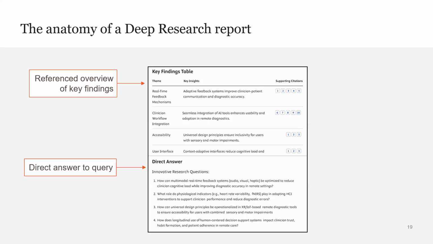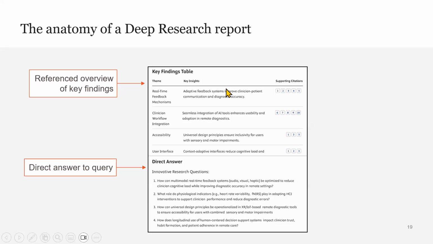What you can expect to find in the deep research report is that it will start off with an overview of the key findings, like an executive summary almost. So what exactly are the themes that we're looking at, and you can also see the supporting citations.